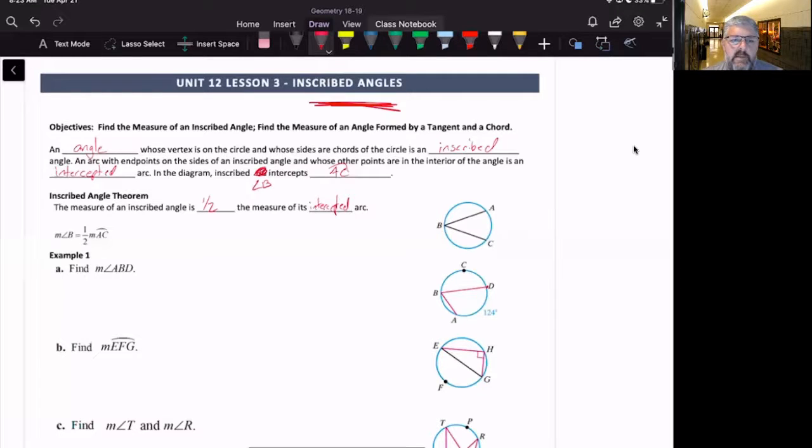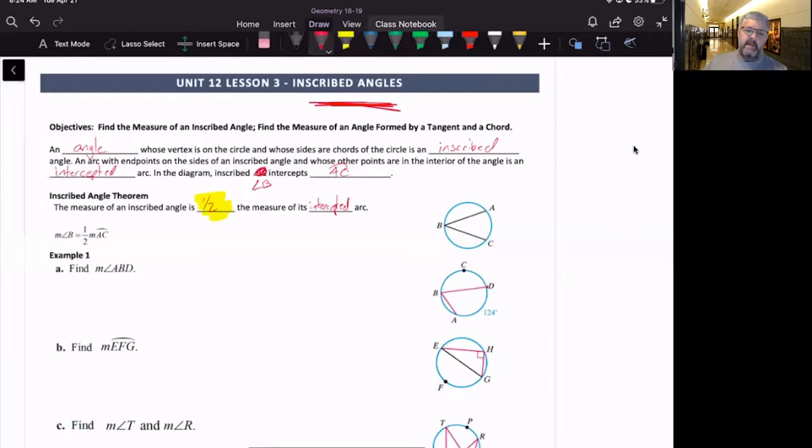The difference is that for an inscribed angle, that arc is going to be twice the inscribed angle, or the angle is going to be 1/2 of the arc. The angle's half of its intercepted arc.